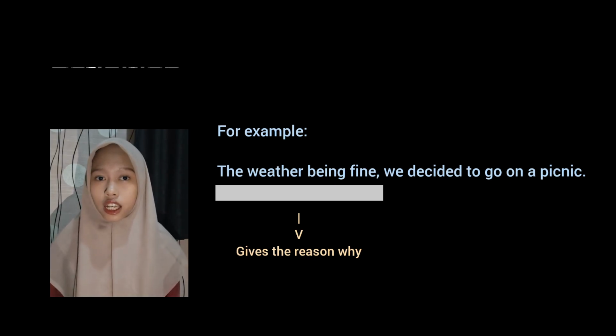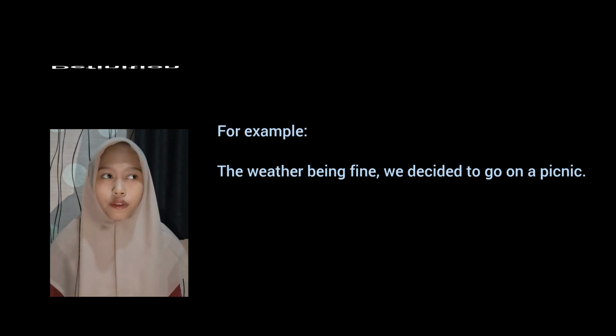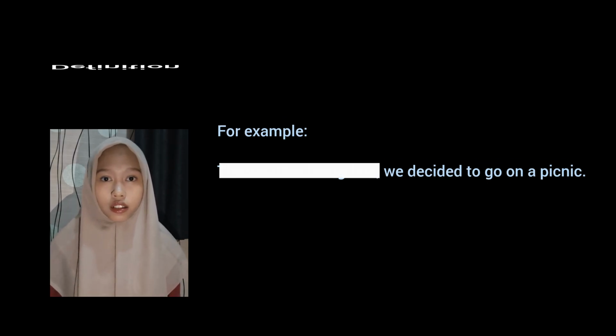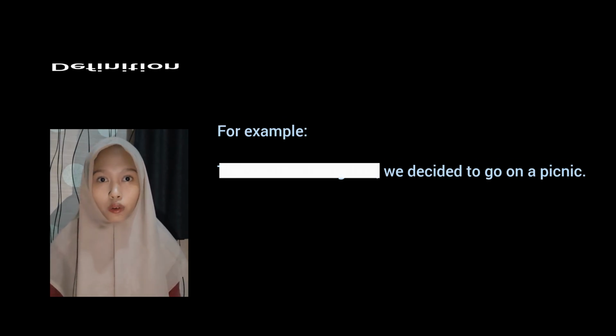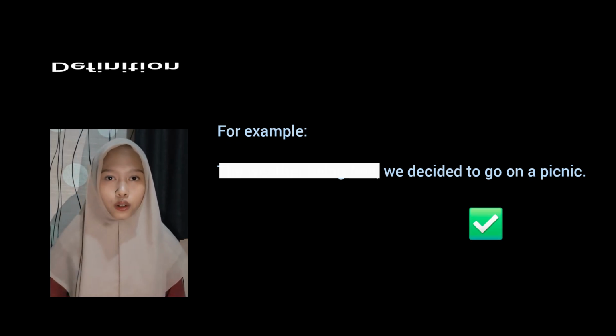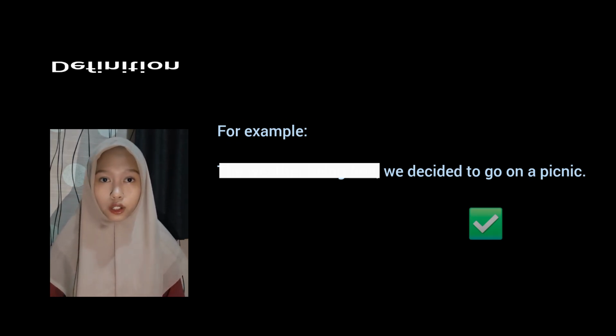But notice, it's not part of the main sentence grammar. If we remove it, the sentence "we decided to go on a picnic" still makes perfect sense. So, it's absolute, meaning free from grammatical dependence on the main clause.